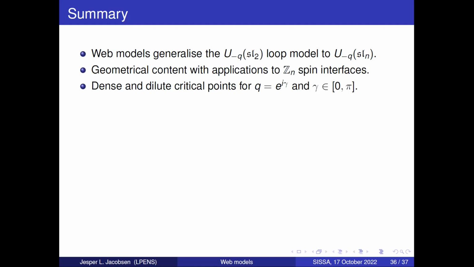And the geometrical content has applications to models with Z_N symmetric spin interfaces. And it generalizes the well-known loop model in a very convenient way, because exactly like that loop model, it has a dense and a dilute critical point for any value of Q such that gamma is between 0 and pi.